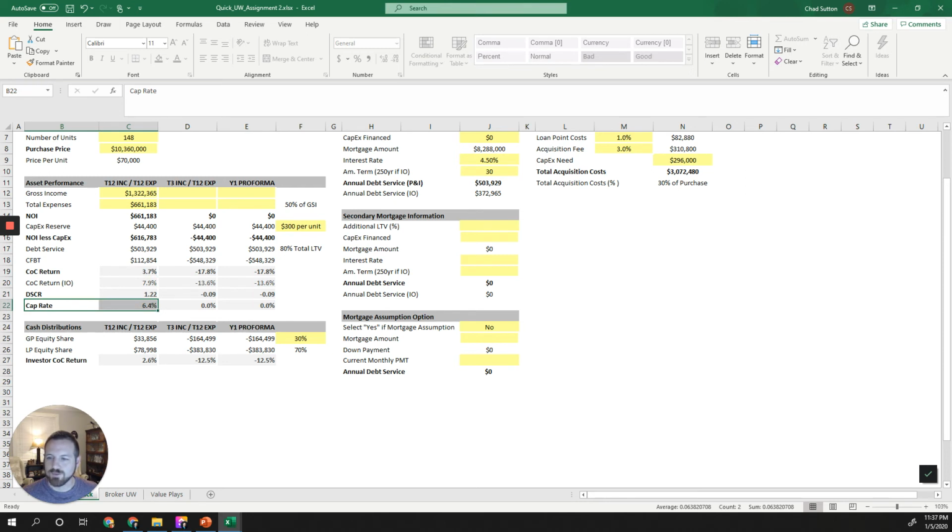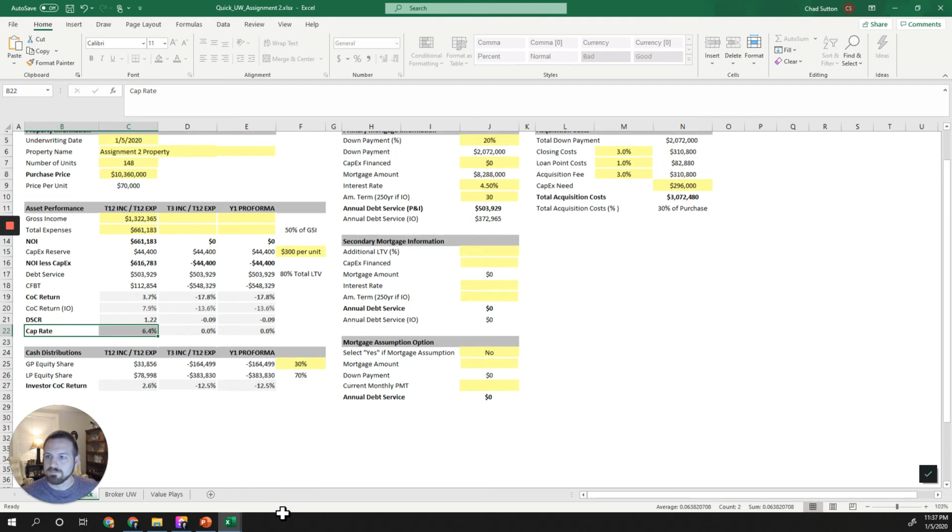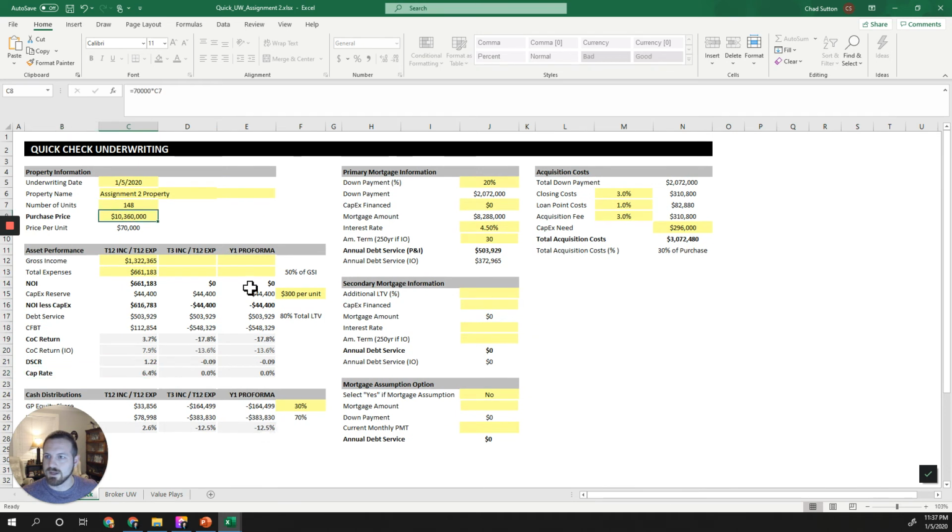Cap rate 6.4%. I happen to know that that's kind of in line with where, unfortunately, the Chattanooga cap rate is. So from a cap rate perspective, it's not unreasonable, and that's exactly where they'll be selling this property. In fact, I think it is where it sold, a little bit more actually.